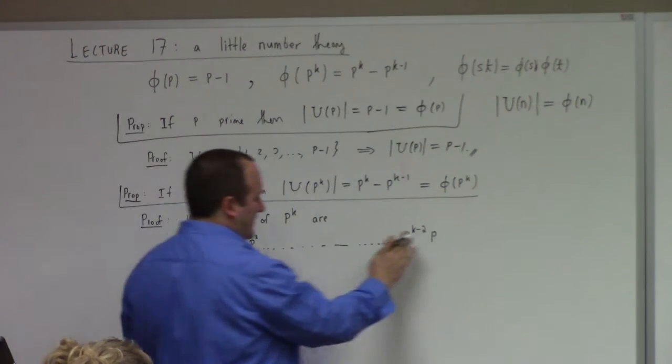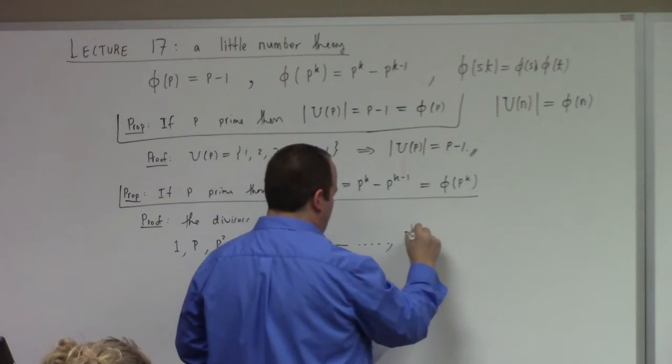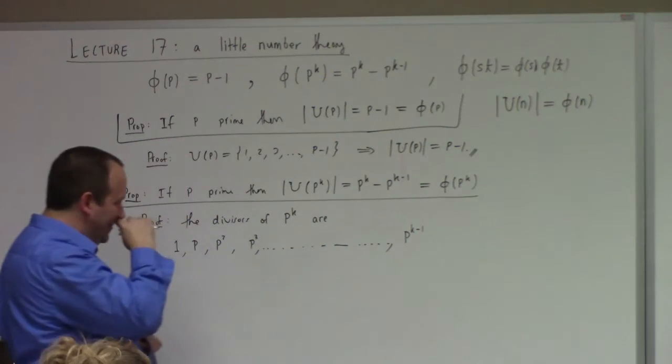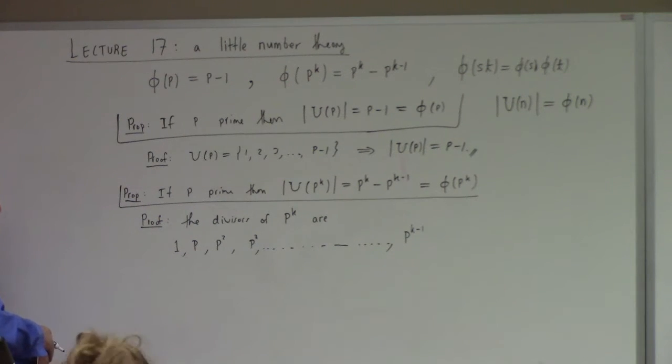Let me instead write this as p to the k minus 1. And then I think the counting is, well, you guys have confused me.